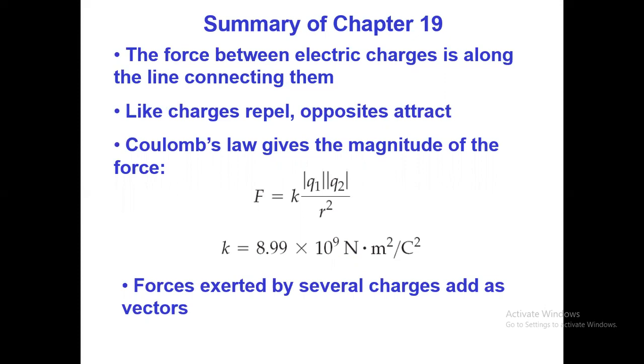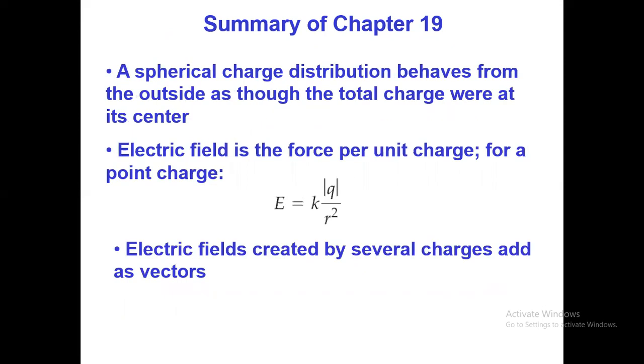This is the force of attraction or repulsion between the charges that Coulomb tells us. Here the K value is 9 × 10⁹ newton meter square per coulomb square. Forces exerted by several charges add as vectors. So this is the concept of exerted forces and Coulomb's law.